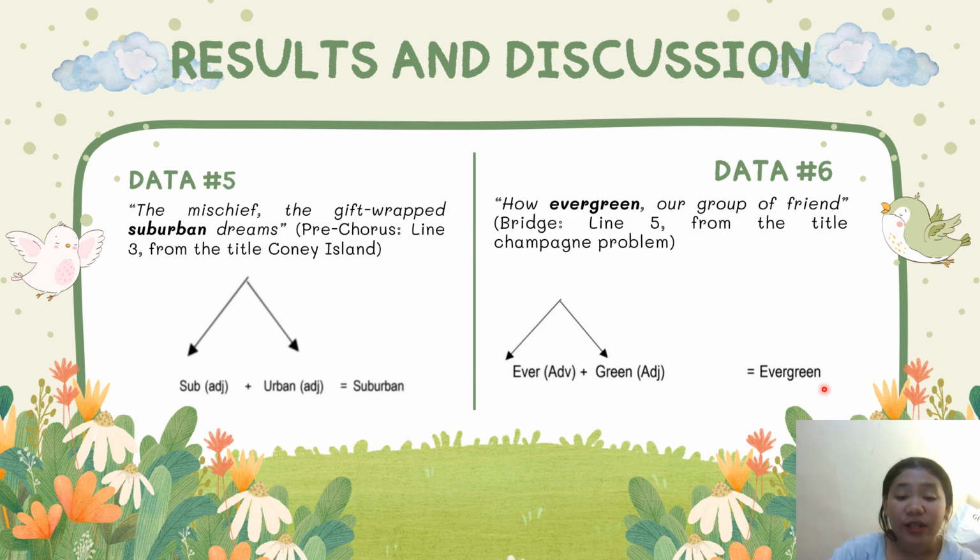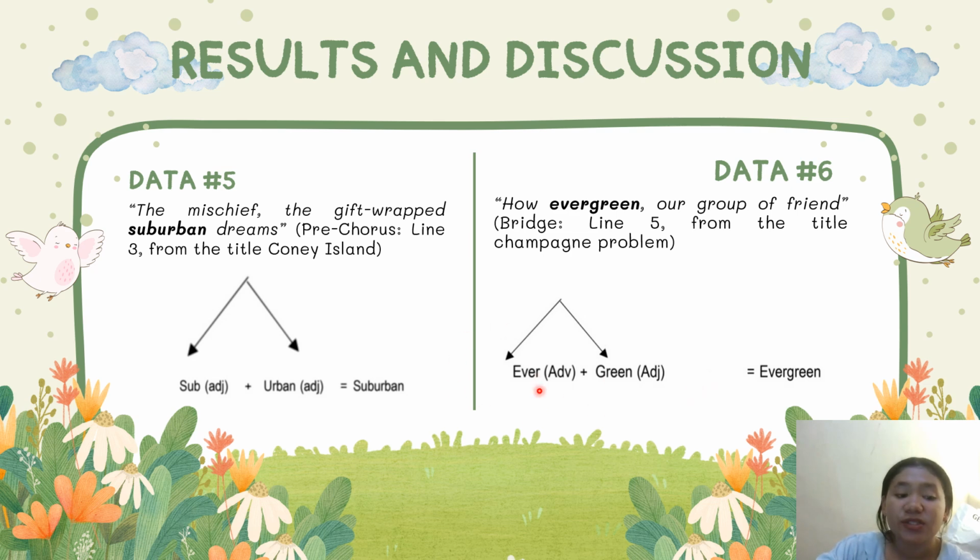The word ever on lexical level is a word to say that something happens all the time. Meanwhile, the word green on the lexical level means a color between blue and yellow in the spectrum, a color like grass or emeralds, and so on. With both being formed together as one, it is visually creating a new word and also a new meaning.